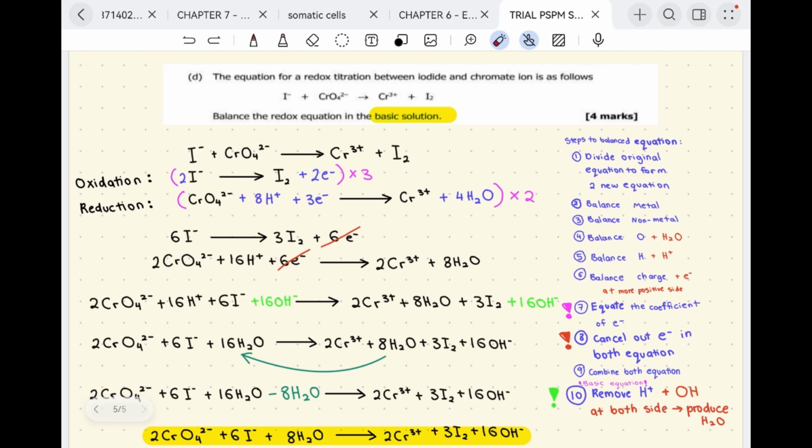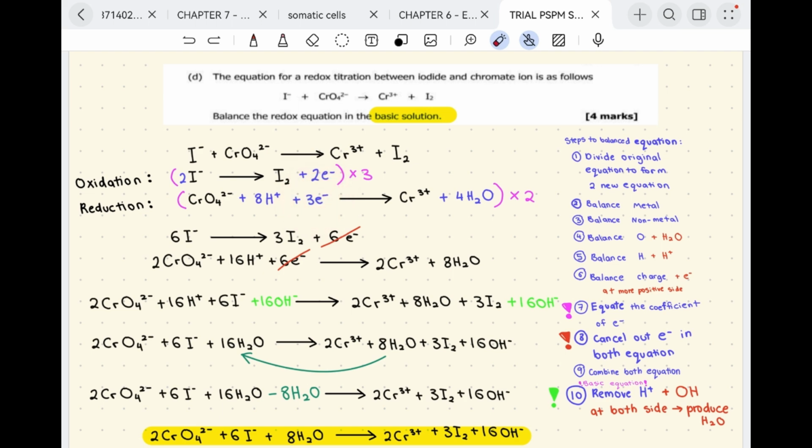So here, when we balance the charge of both equations, we observe that the first equation involves the donation of electrons, because we have electrons on the left hand side of the equation. So it means that I minus donates 2 electrons, but for the second equation, we can see that CrO4 minus receives 3 electrons.